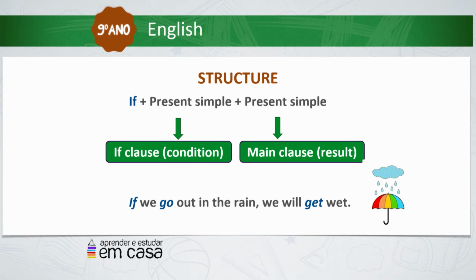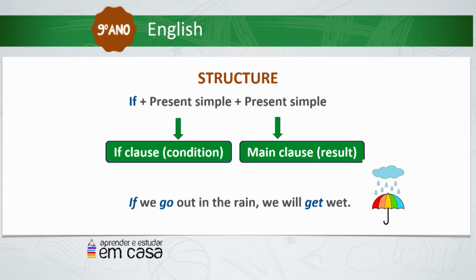Now, with the structure of the zero conditional, what do we have? First, we need the if clause to show us the condition, all right? If. And after if, we have the present simple. So the verb has to be conjugated in the present simple. So if plus present simple plus present simple again.